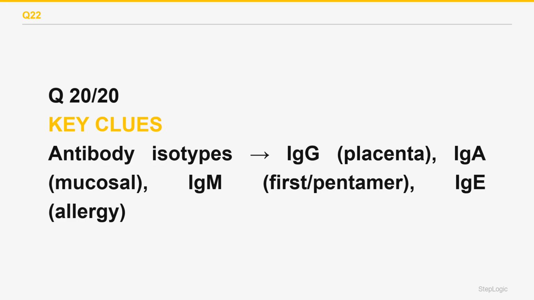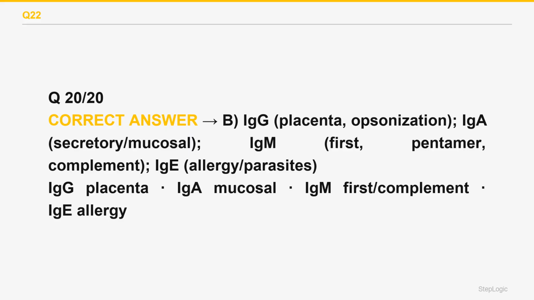It exists as a dimer in secretions. IgM is the first antibody produced in a primary response. It is a pentamer, making it the best activator of complement. IgE mediates allergy and antiparasitic defense by binding mast cells and basophils. The correct answer is B.